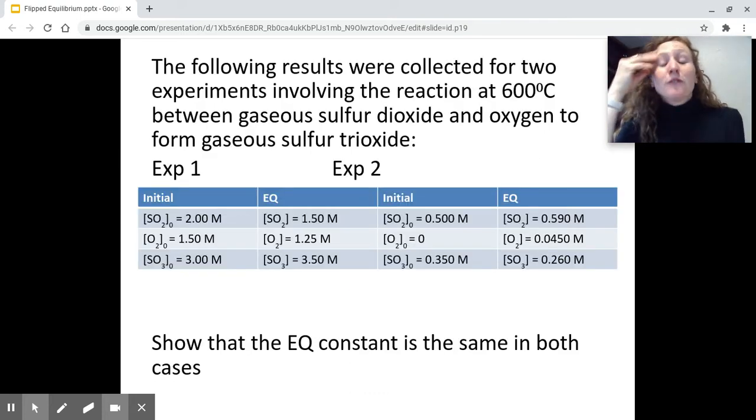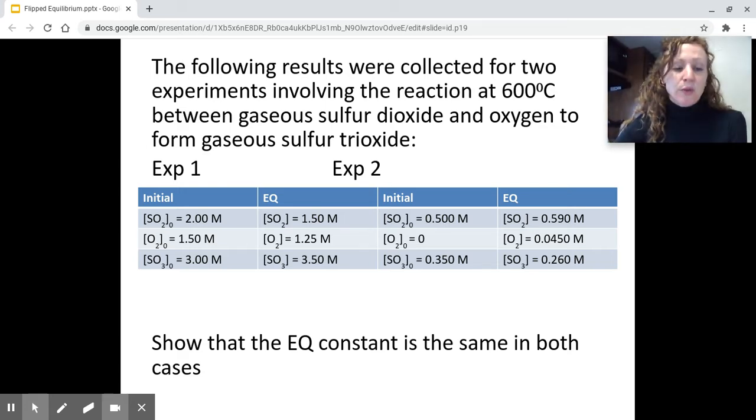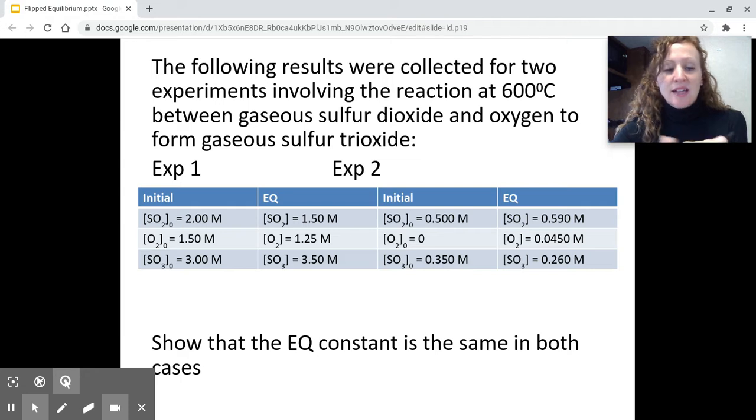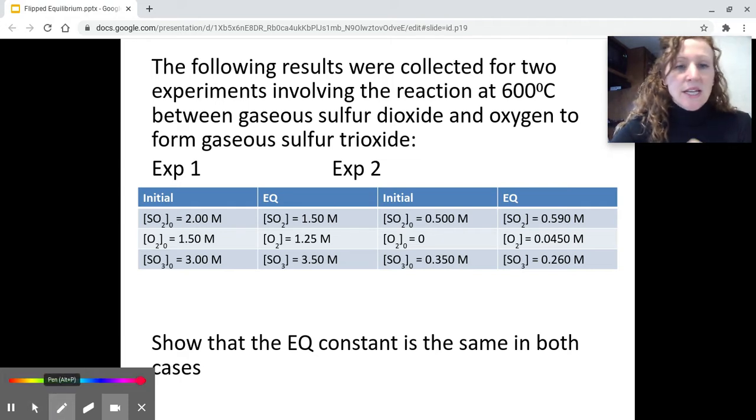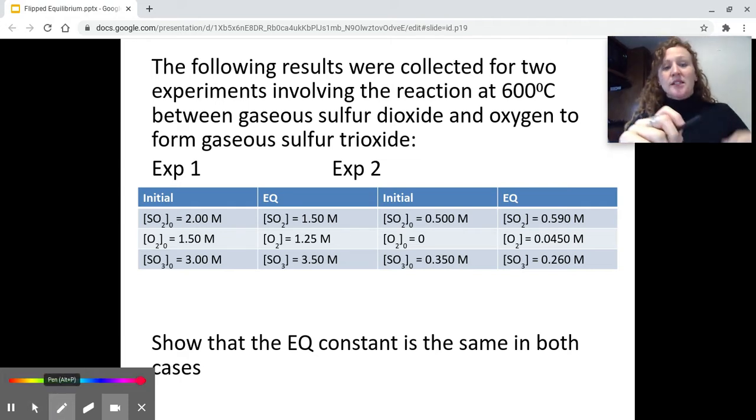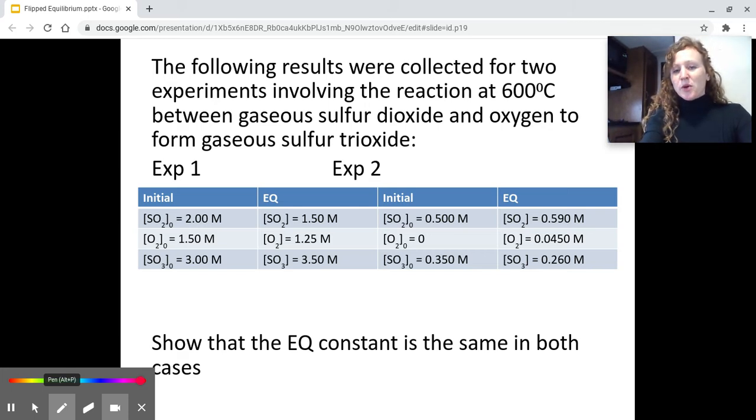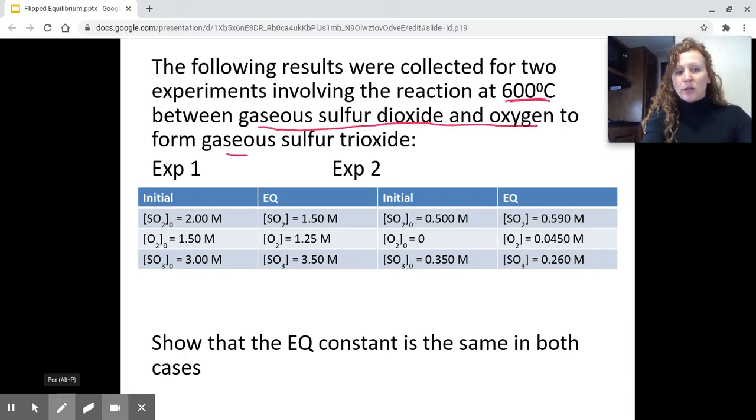Okay, so for example, just to illustrate this point to you, I want to do a little calculation here. So this data that you see in front of you is from a specific reaction. Both experiments are going to happen at 600 degrees Celsius, and it's a reaction between gaseous sulfur dioxide and oxygen to form gaseous sulfur trioxide, okay?